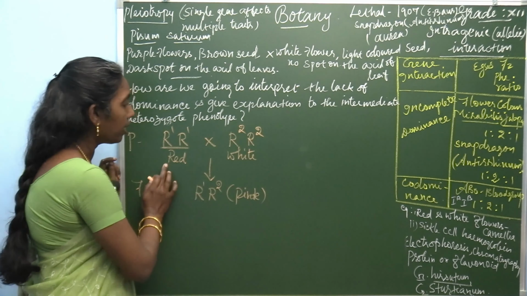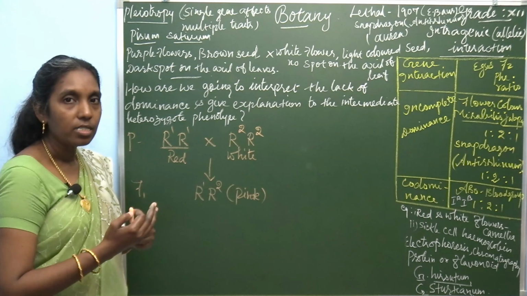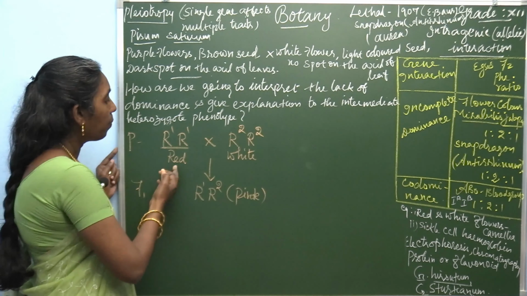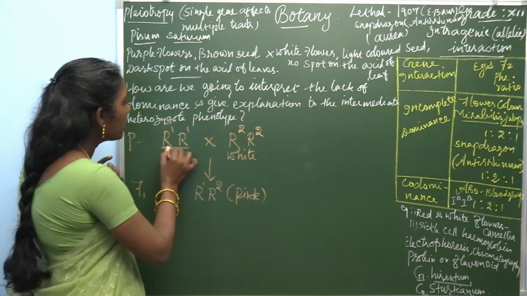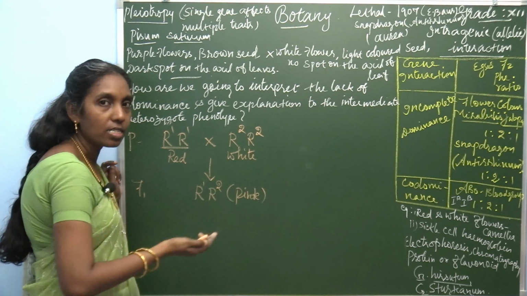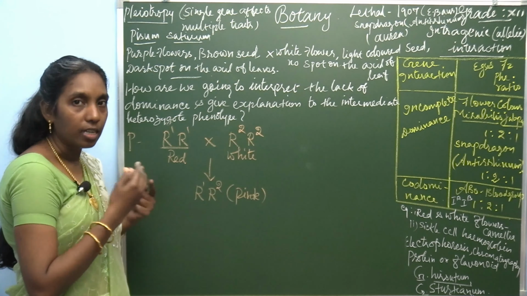The allele R1 consists of an enzyme which synthesizes the red color pigment, so it gives the color red. The functioning enzyme synthesizes the red pigment, so the homozygous dominant gives the color red. In this case R2 is the defective form.